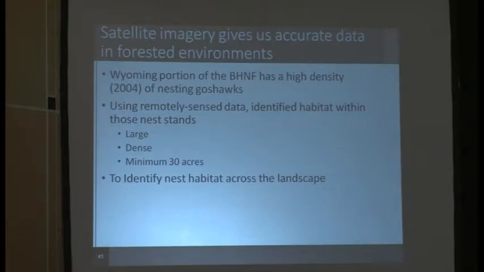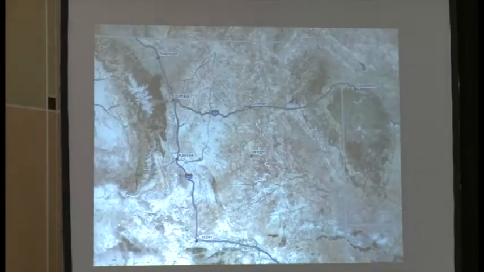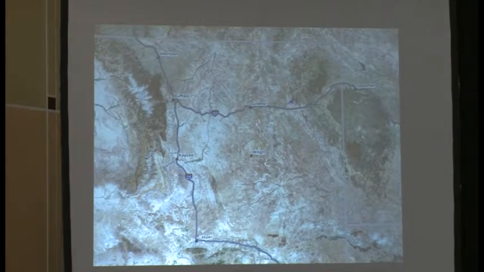I'm going to use the exercise for goshawks because it's a really easy species to predict nesting habitat for in forested environments, and it's one that typically comes up as an issue across the West. So looking at our landscape here with Gillette in the center, I'm going to focus on the Black Hills. In 2004 they had 100 and some identified nests.